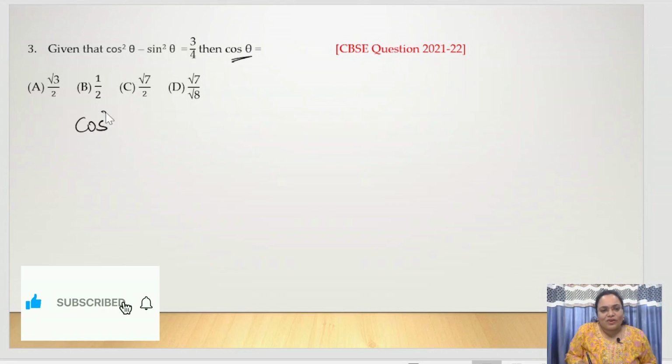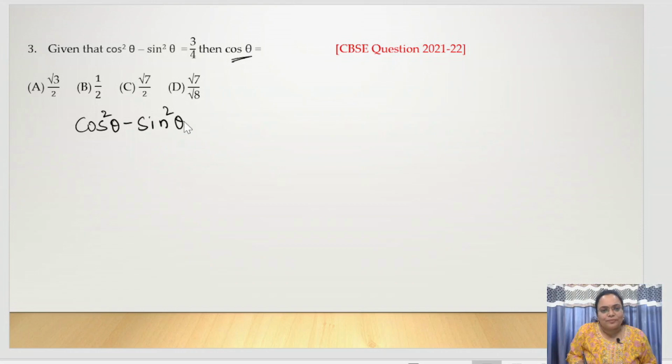Given is cos square theta minus sin square theta is equal to 3 by 4. Here, sin square theta can be written as 1 minus cos square theta.